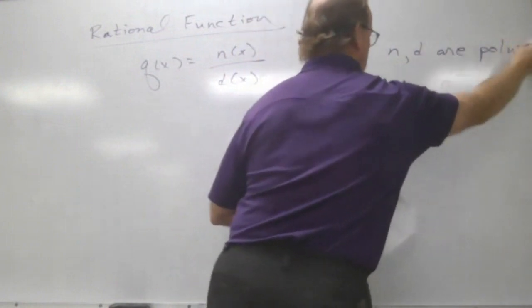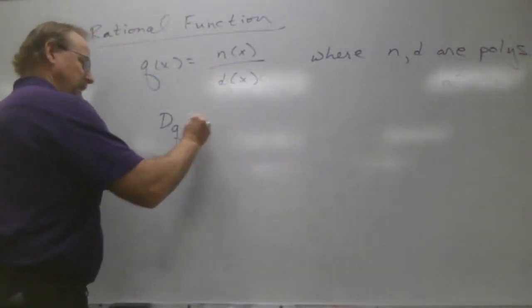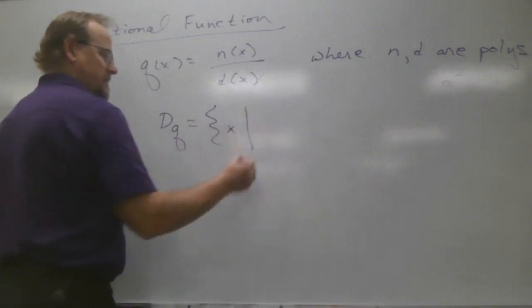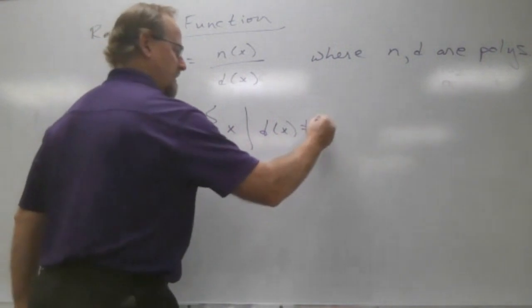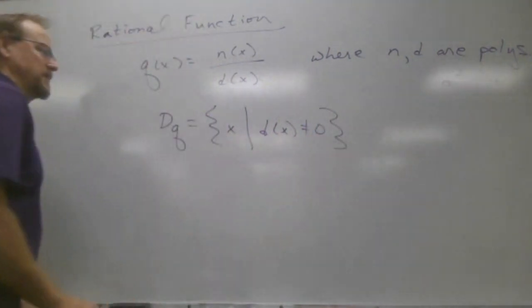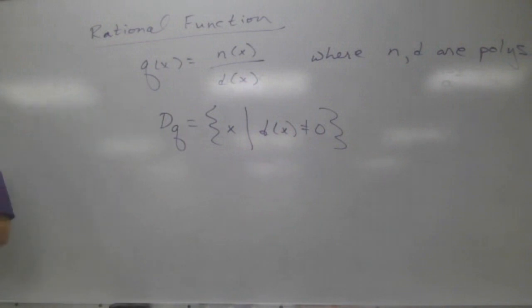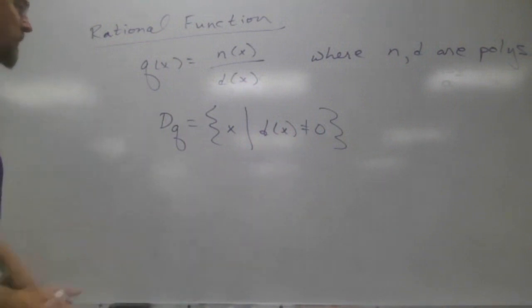Okay, polys are continuous on all real numbers. So the domain of q would be the set of all x's such that the denominator is not equal to 0. So it's going to be all real numbers except where you divide by 0. So we're going to figure that out. Okay. Anyway, so that's a rational function.